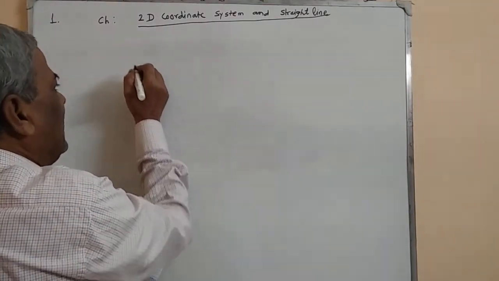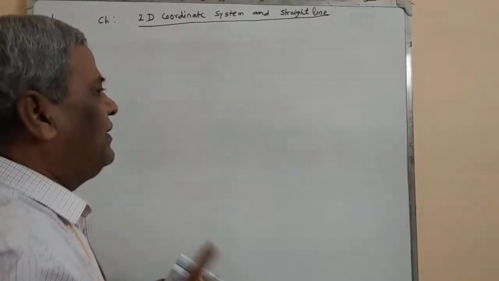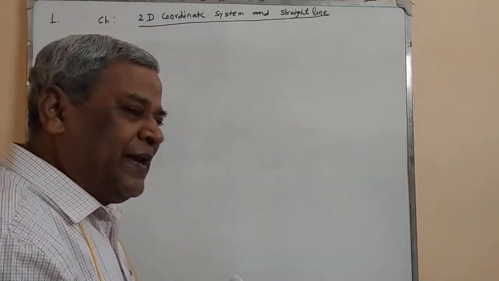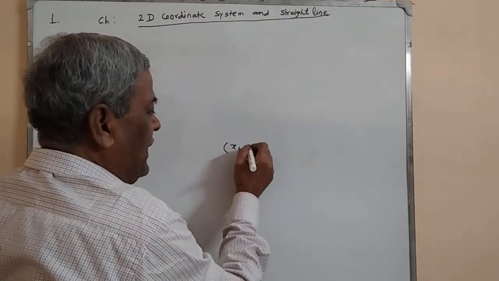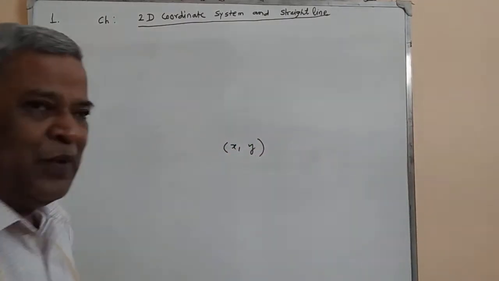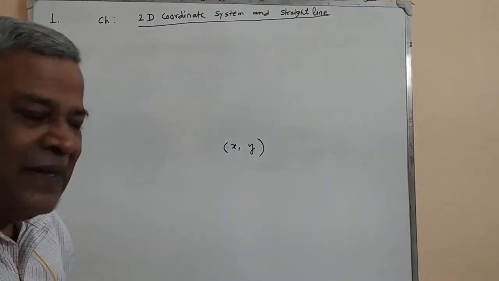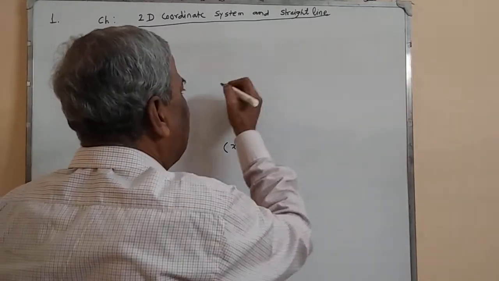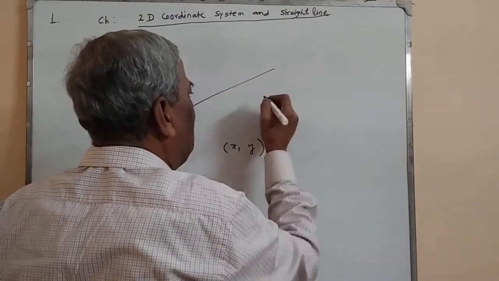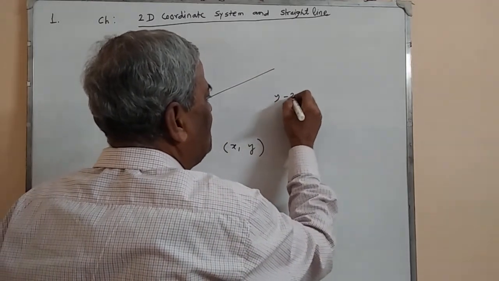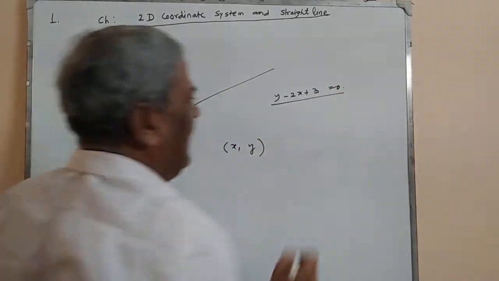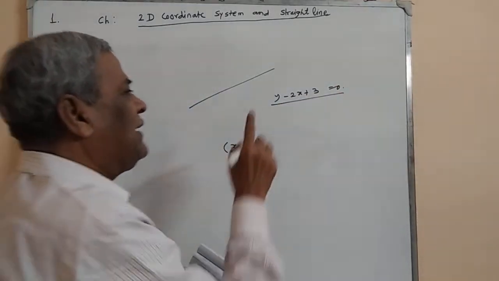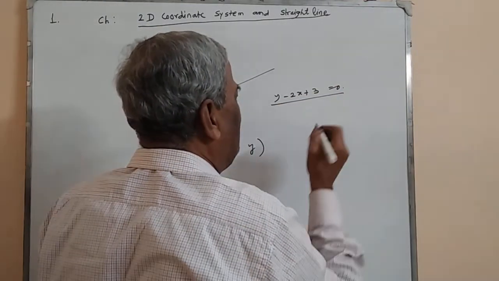parametric coordinate on a straight line. Coordinate of any point should consist of this pair x and y, both unknown. But for example, suppose y minus 2x plus 3 is equal to 0, we can take any point on that like this.